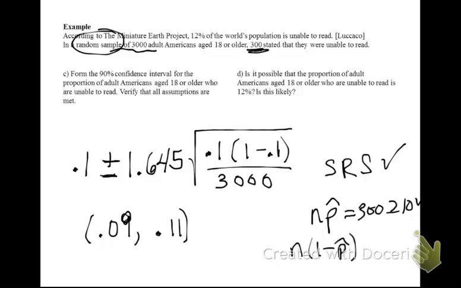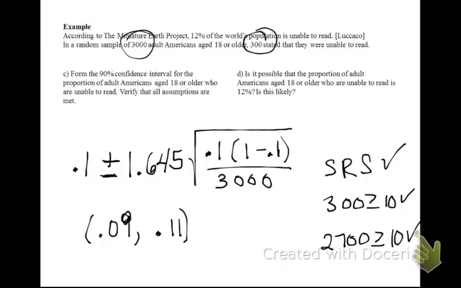You could logic through this though. If 3,000 people were sampled, and out of the 3,000, 300 were unable to read, that means that 2,700 are able to read, which is also a bit larger than 10. So we've met all three assumptions, and we know that this is a valid confidence interval.